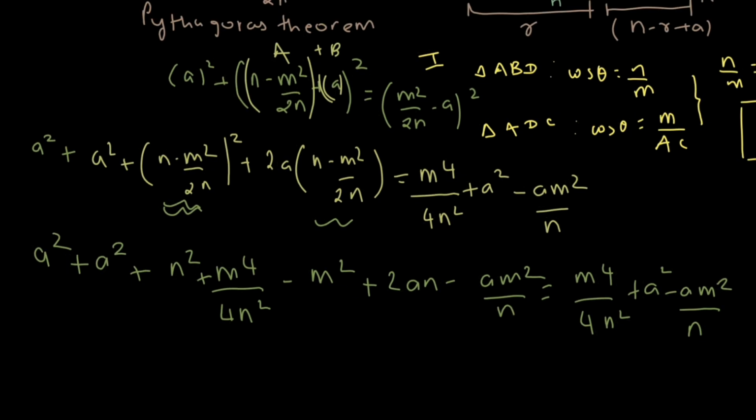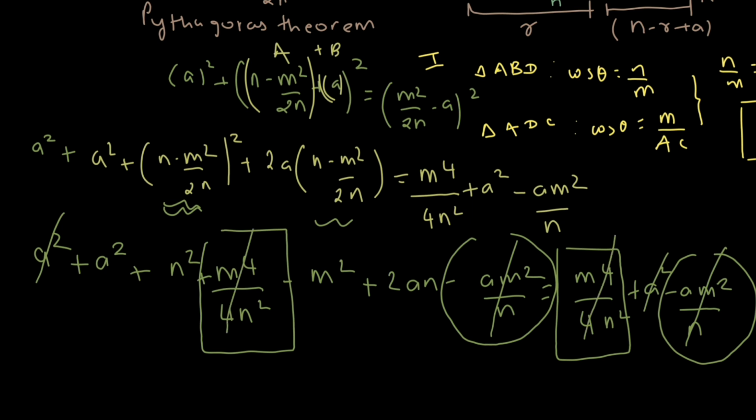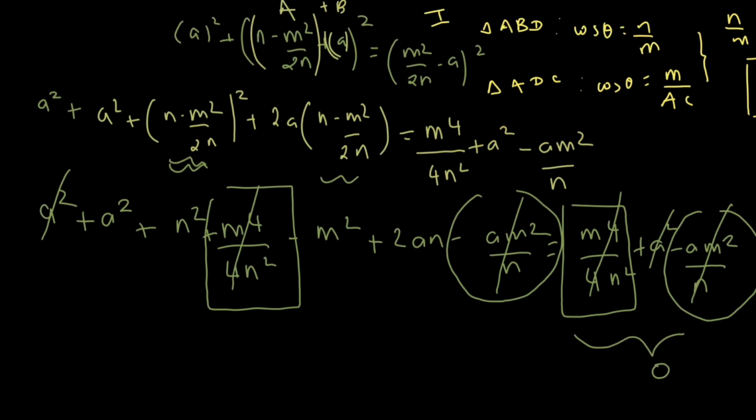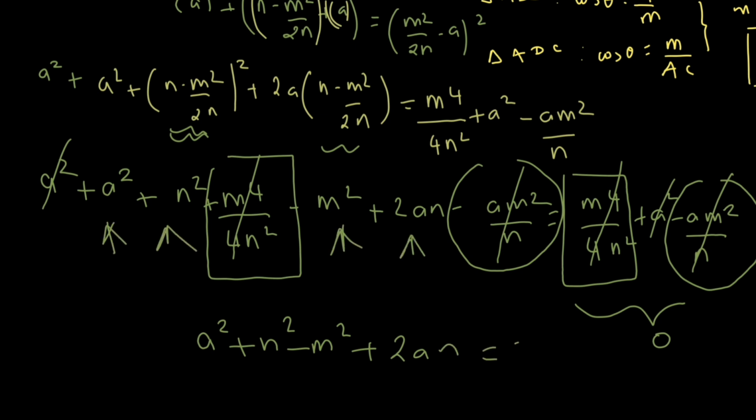Now here we can see that positive a square got cancelled out, negative am square upon n got cancelled out, positive m to the power 4 upon 4n square got cancelled out. So on the right hand side we completely have 0, and on the left hand side what we have is a square plus n square minus m square plus 2an, and this thing is equal to 0.